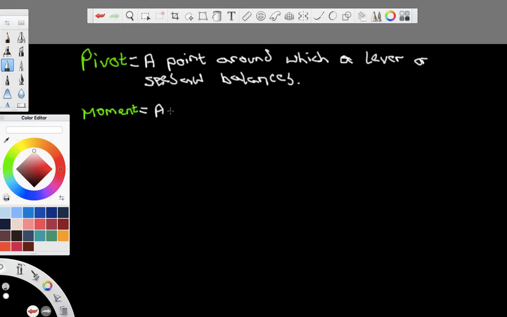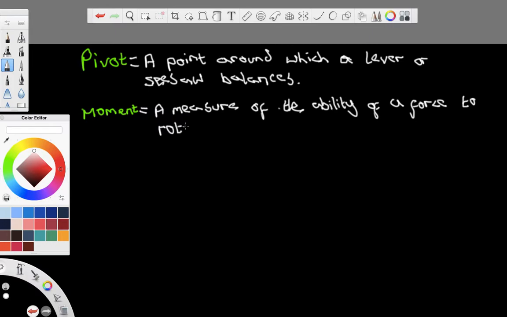So we can define this as a measure of the ability of a force to rotate an object around a pivot.